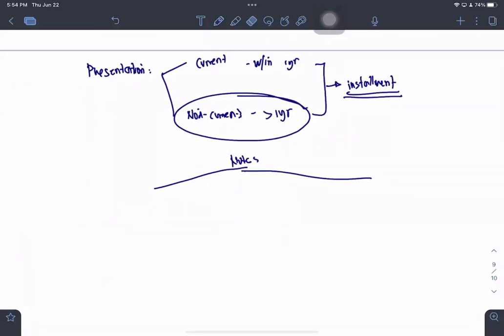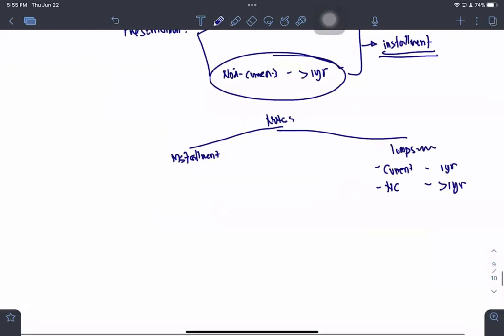Can we just divide the notes as with installment or it is lump sum? Installment or lump sum? For lump sum, it is considered current if due within 1 year. It is considered non-current if due for more than 1 year. So it's either current or non-current, only one of them.